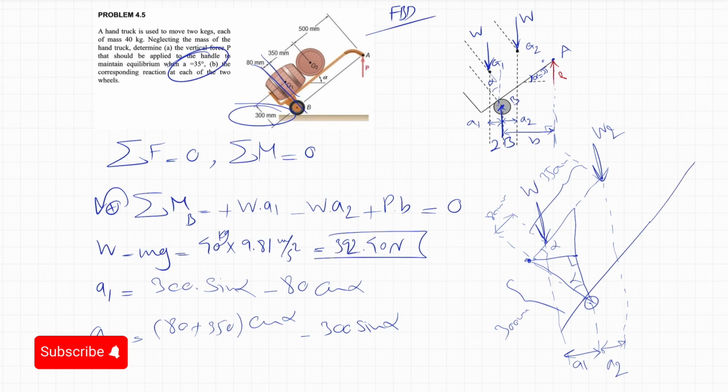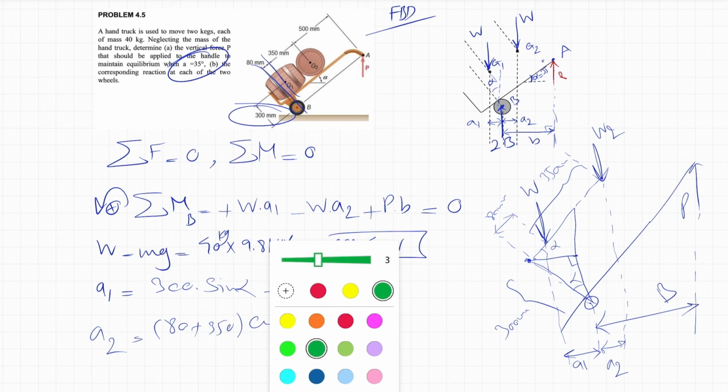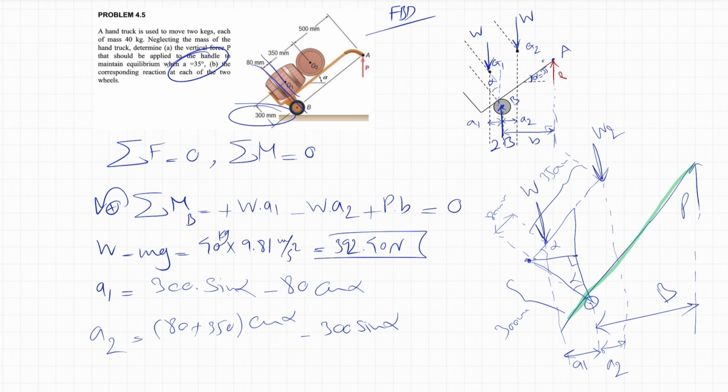And the last part that we need is what we call B. If we continue, let's say our P is applying somewhere in here, and we consider this distance from the wheel to here B. If we look at this triangle here, and we know this angle is alpha, from the question we know this part is 500 millimeter.